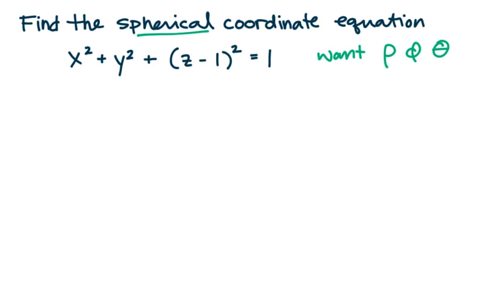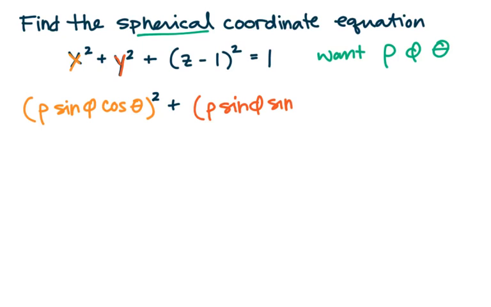So thinking about what we just defined, well, we know what x is. X is equal to rho sine phi cosine theta. So we have that quantity squared. We know what our y value is. Y is similar. We'll have rho sine phi sine theta.